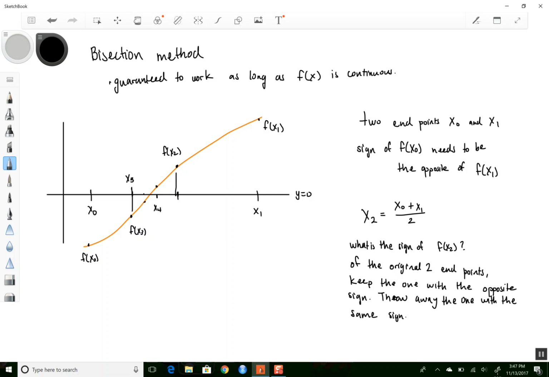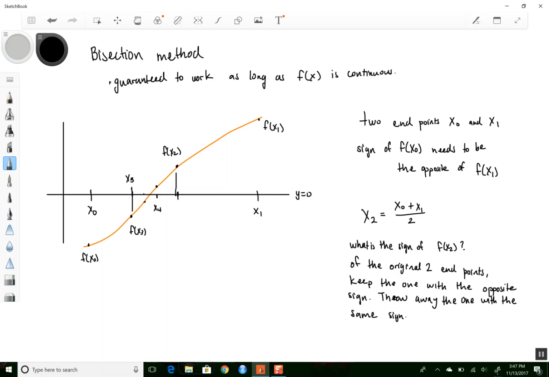Yes, question? Why does this only work if the range was negative? What do you mean the range was negative? Like, if it's an example like a parabola, it's only in the positive region. Well, then you wouldn't have a zero, right? A root means it has to cross zero.